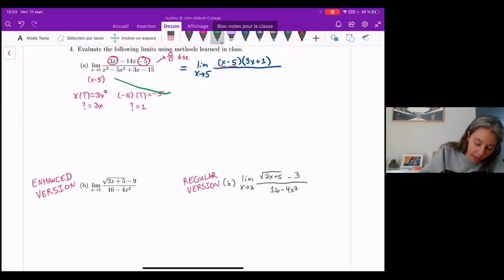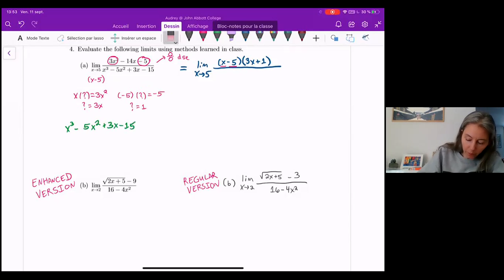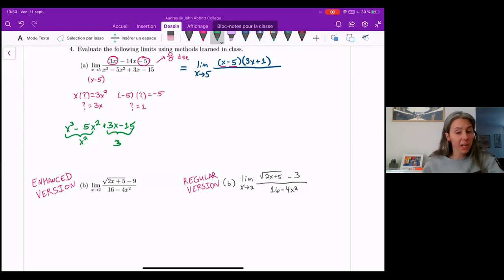Now in the denominator, I'm factoring x cubed minus 5x squared plus 3x minus 15. And this I cannot factor in the same way because it's a cubic polynomial. I'm going to need to factor this by grouping. So I'm looking for the greatest common factor of each of my separate groups here. And it's really easy to screw up the notation when you're factoring by grouping. I noticed a lot of you did that, so be very careful.